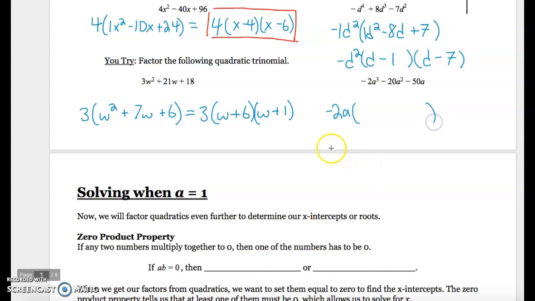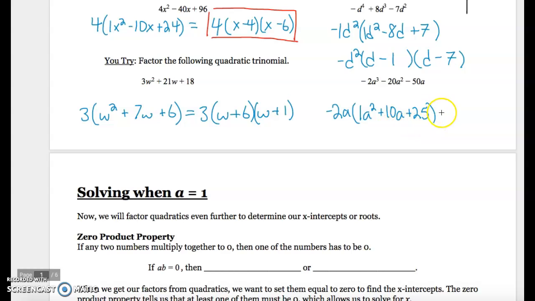I think I'm going to run out of room. So if you do negative 2 divided by negative 2, you just get 1. And then my a cubed, I took out one of those a's, so I have 2 of them left. Negative 20 divided by negative 2 gives me a positive 10. And then I took out an a, so I have 1 left. Then negative 50 divided by negative 2 gives me a positive 25, and I took out the only a that it had.